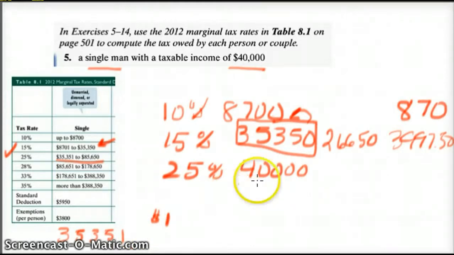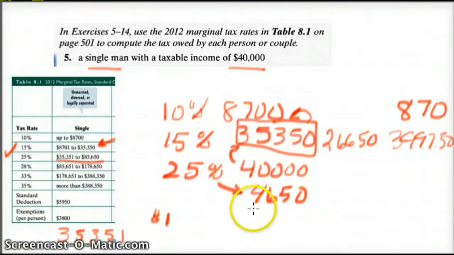Well, subtract 35,350 from the 40,000. 40,000 minus 35,350, and that's 4,650. So guess what? He's paying 25% on that amount there, which is how much into that bracket he is. That's still a lot of money. Divide that by 4 is 1,162.